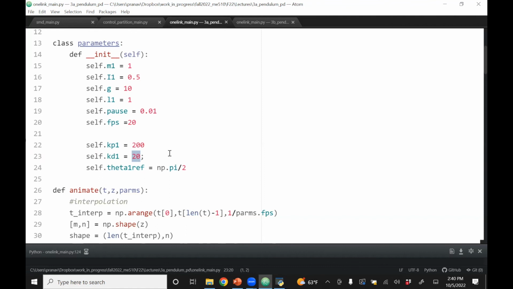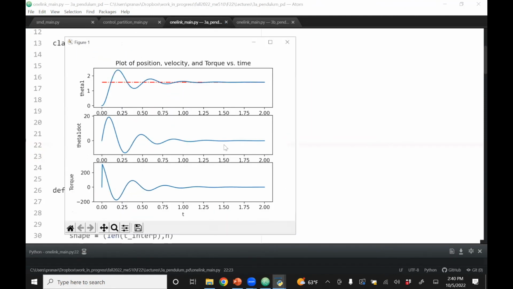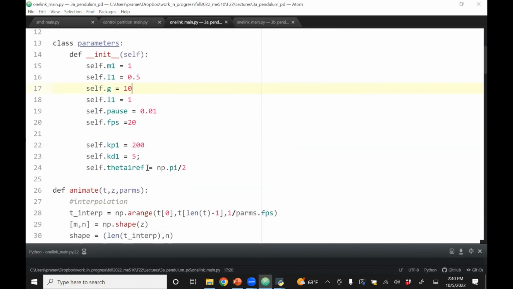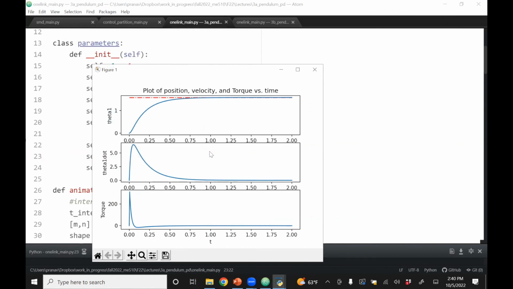But if you do, let's say, 5, it might actually be a lot worse. This is underdamped. If you increase it to 40, remember 28 is the ideal, then here it's overdamped.